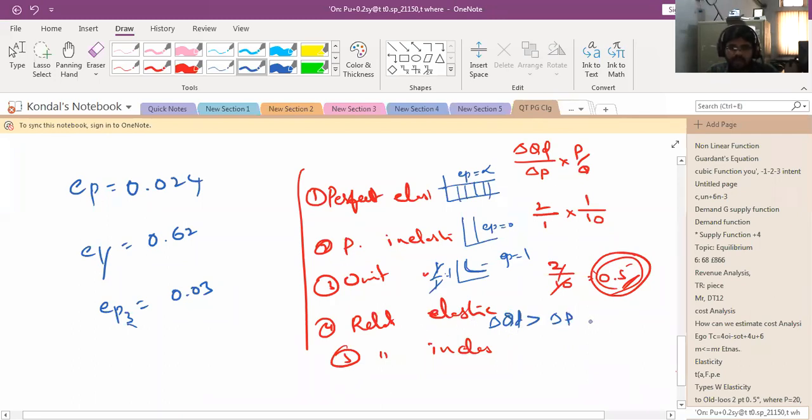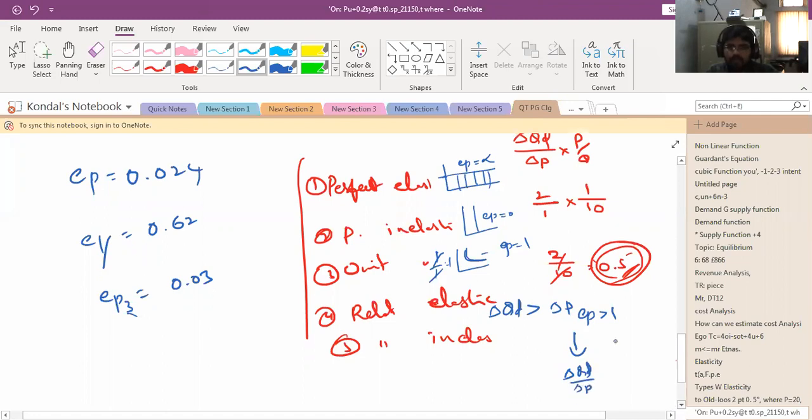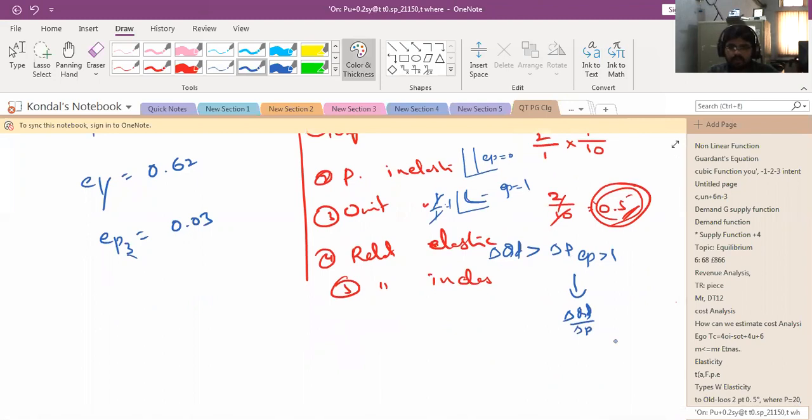So for price elastic demand, the elasticity of price is greater than 1, right? So why is it greater than 1? For example, delta QD by delta P, I am explaining only the slope, not percentage.